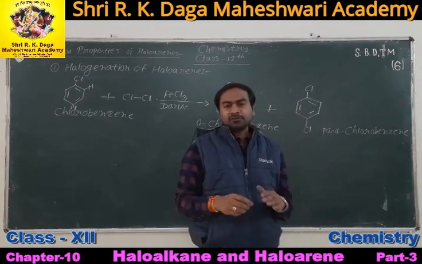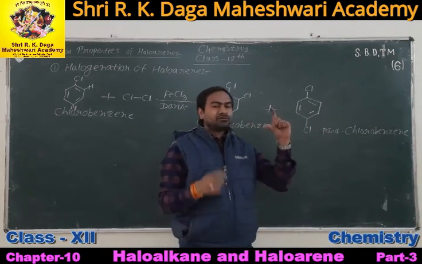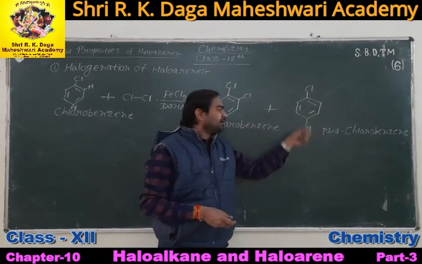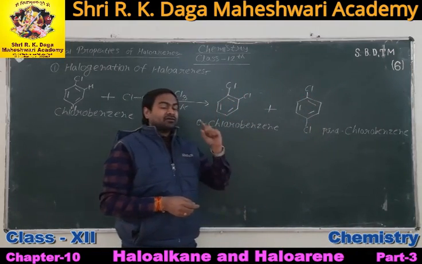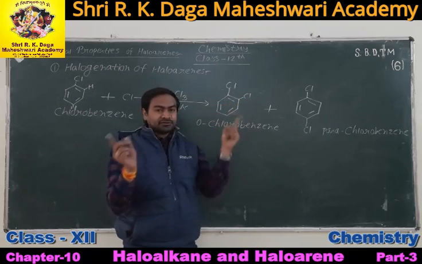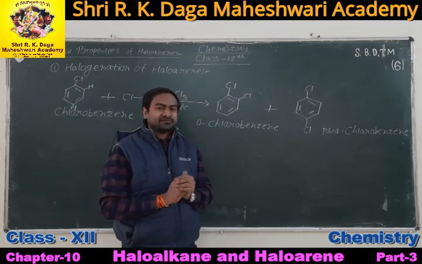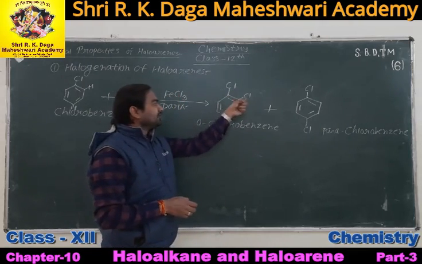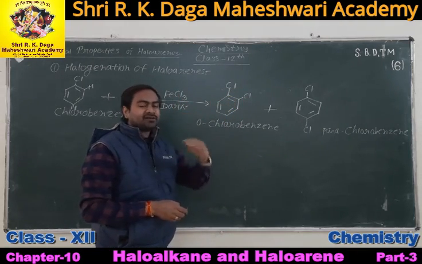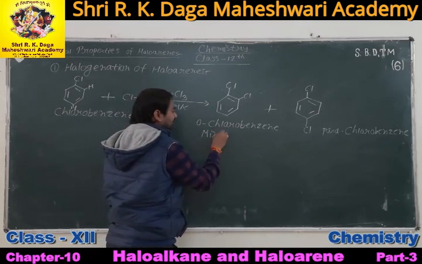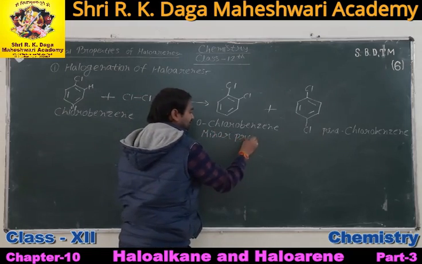In the ortho position, both groups are comparatively closer with respect to the para position. Because the groups are closer together, they have steric hindrance for each other. That's why they will form a lesser amount of product, and therefore this is a minor product.